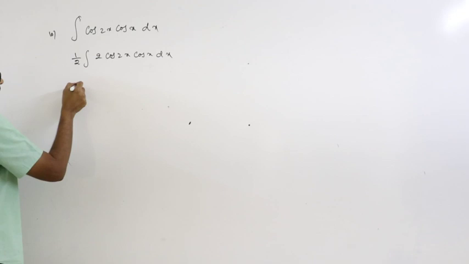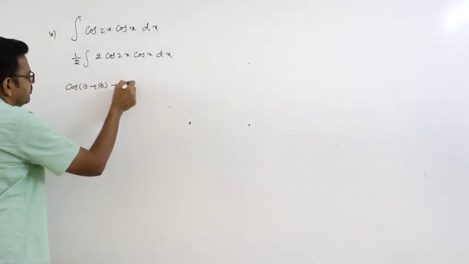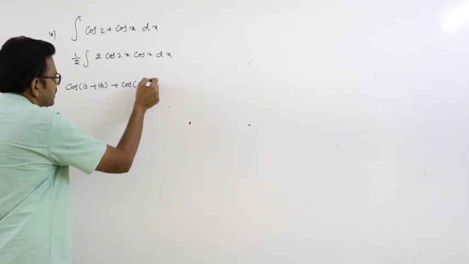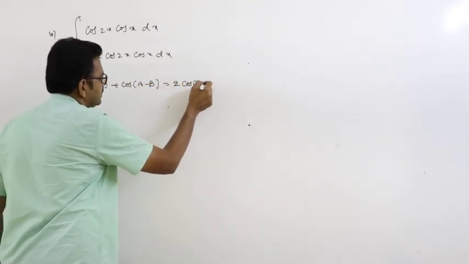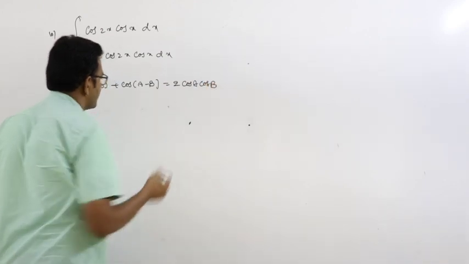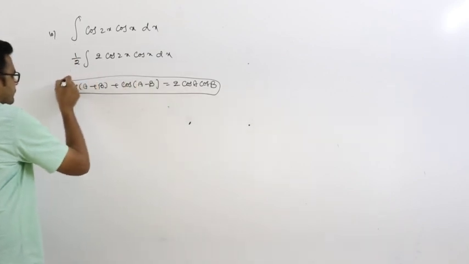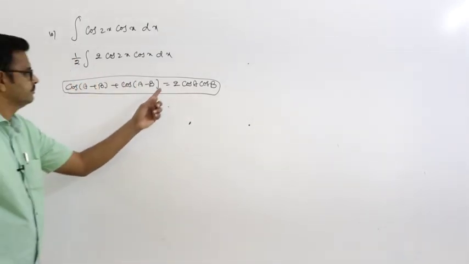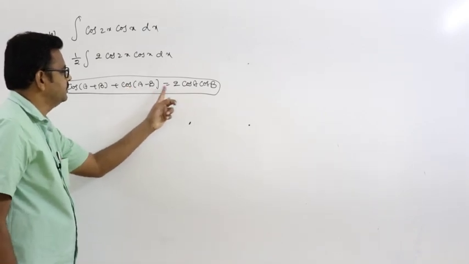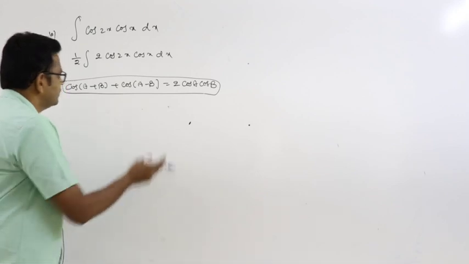By using this formula, cos of a plus b plus cos of a minus b is equal to 2 cos a cos b. That is right.